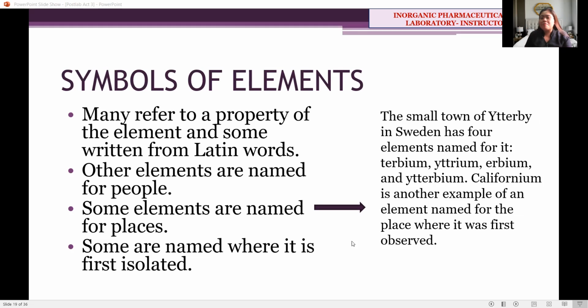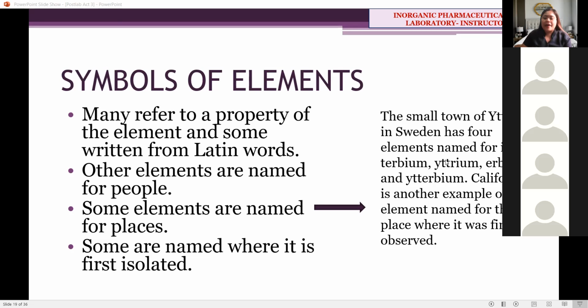Gamay lang siya nga place, pero actually we have 4 elements named after that place. We have these elements: terbium, yttrium, erbium, and ytterbium. Mao na ang upat ka elements nga gipangalan from Ytterby, a small town in Sweden.